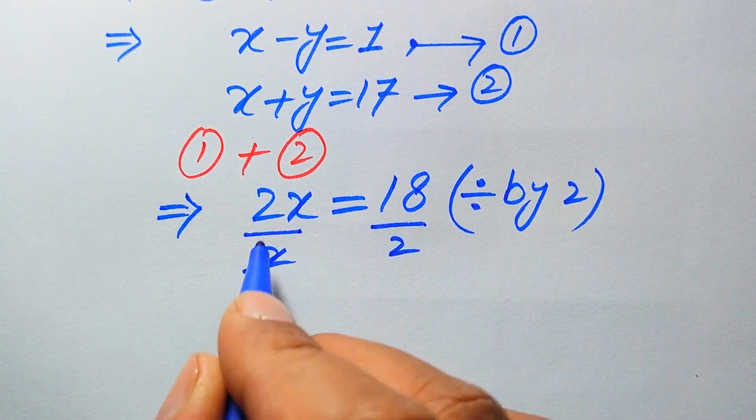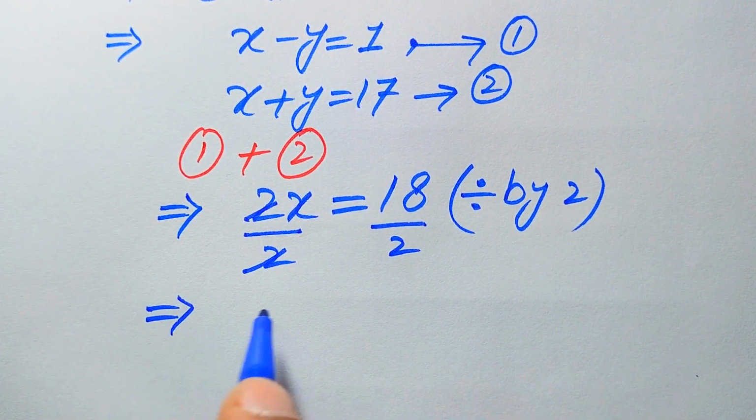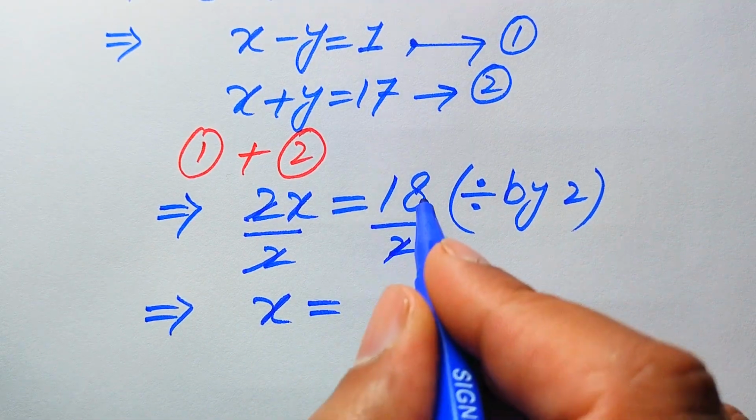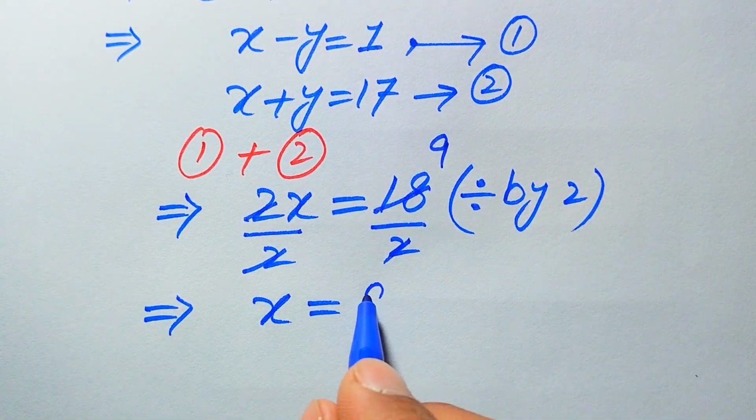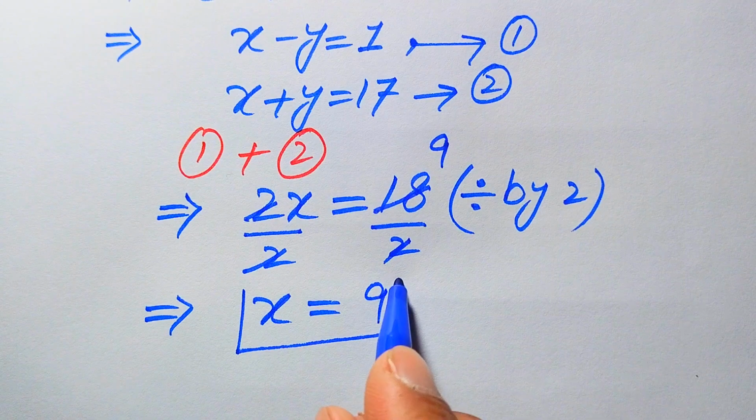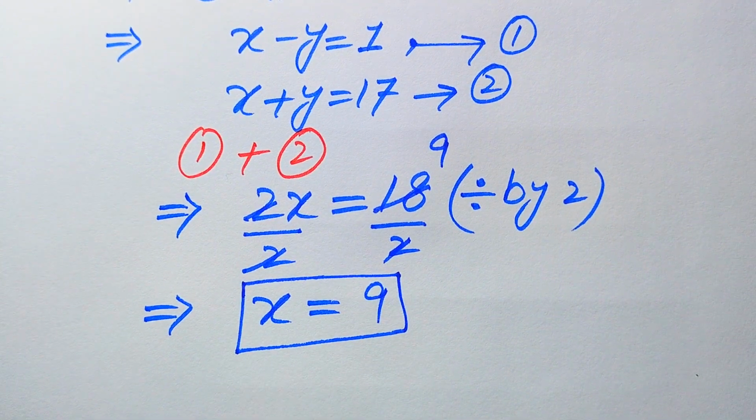So this 2 and this 2 are gone, and we get x equals, 2 times 9 becomes 18, so x equals 9. So we get only one value of x, that is 9.